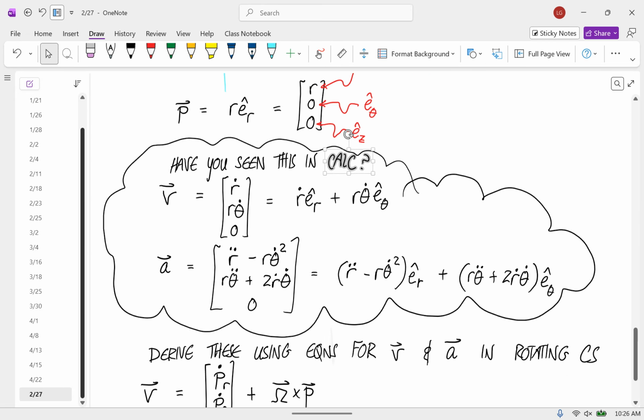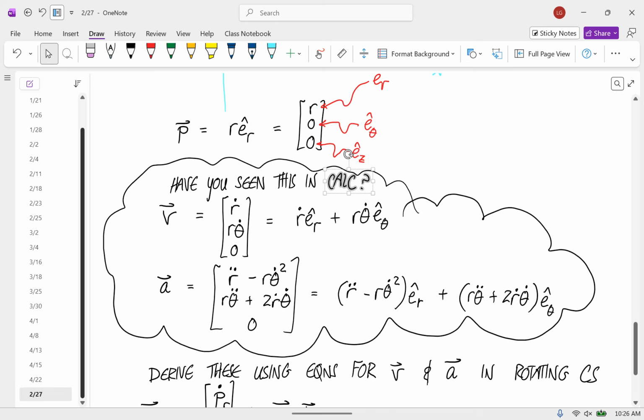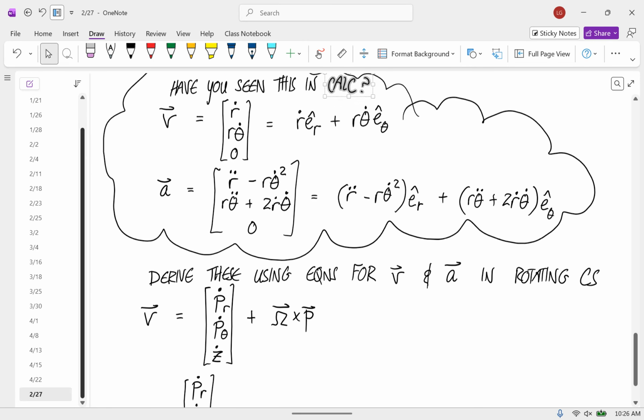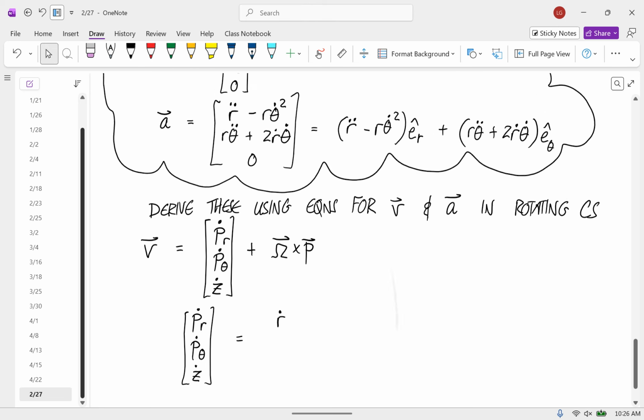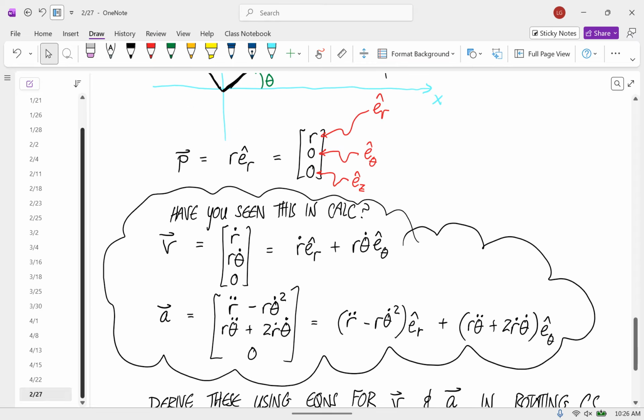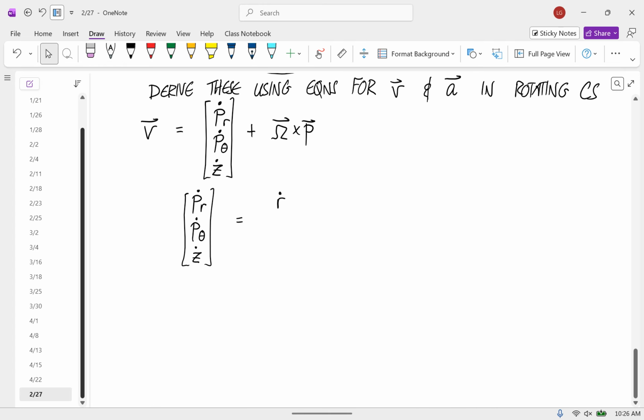So the r component of the position, dotted, is, anyone want to go out on a limb on what I'm going to call this? R dot, yep, exactly. So this is R dot. And then the other two are zeros. If you take the time derivatives of those, you just get 0 and 0.